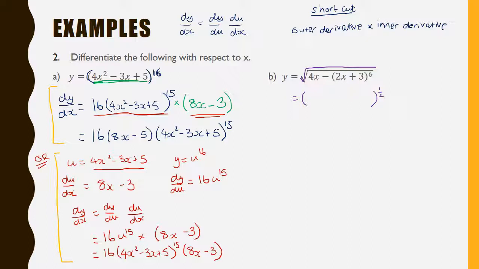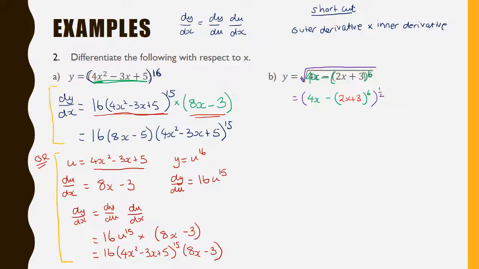We then have our function within that, which is 4x minus, and we're going to have to use the chain rule again for this part, because again we have an outside function just here. So we've got our 4x minus, and we've got another outside function here. Within that, we have our inside function again of 2x plus 3.